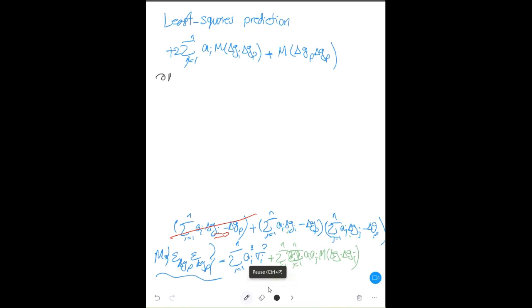Now these squared errors should be minimized.